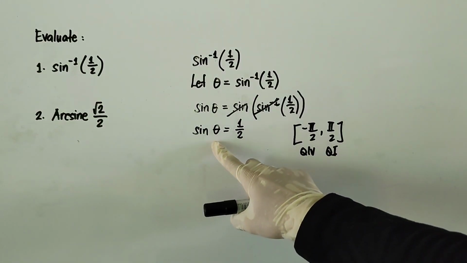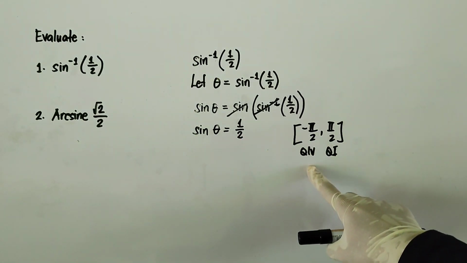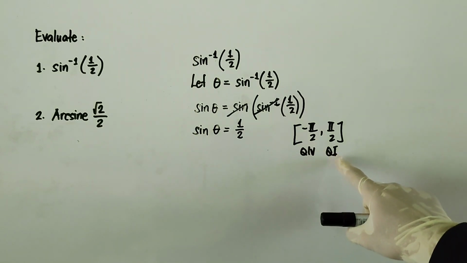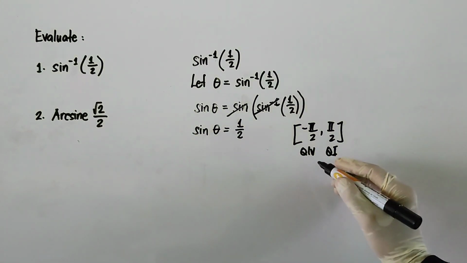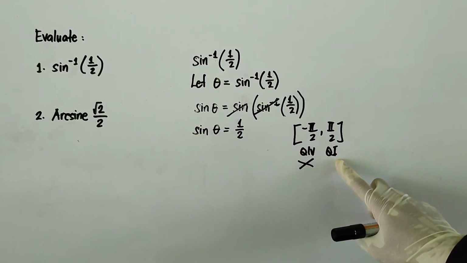Since the given sine theta is positive 1/2, and our restriction is only from quadrant 4 and quadrant 1, therefore, we will omit the possibility in quadrant 4 because in quadrant 4, sine is negative. Meaning to say, the value of our theta lies in quadrant 1.